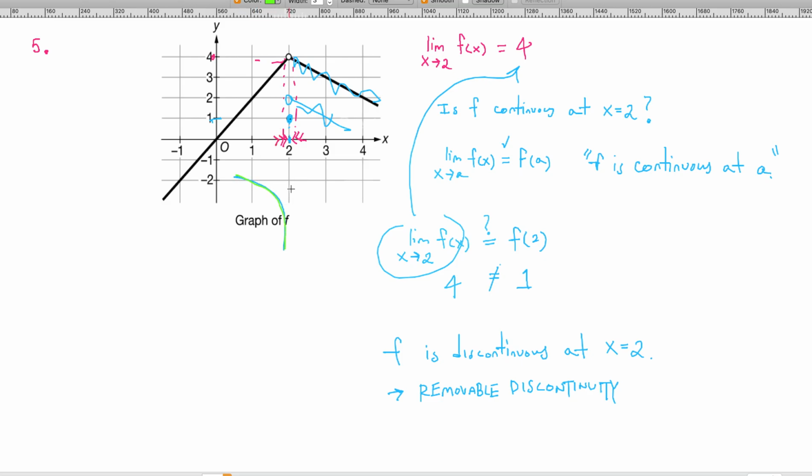Here you have something like that, where the function isn't even defined, or maybe it is, but you have your vertical asymptotes in some regard. That's the infinity discontinuity. This one here, if I had f being this line right here, and f being this original black line, that would be a jump discontinuity, and then the one that we have actually in this original problem is a removable discontinuity.